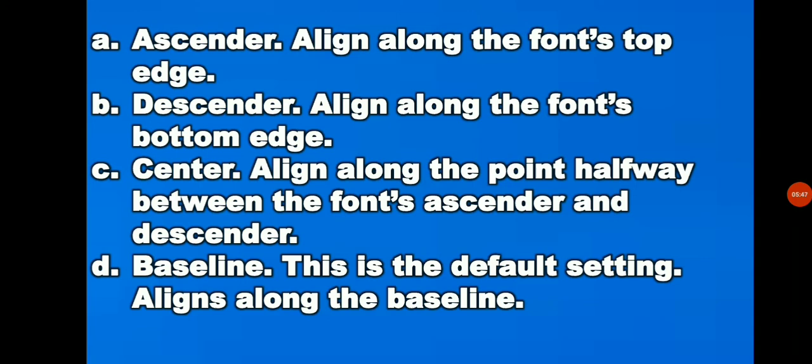A is Ascender, which aligns along the font's top edge. B is Descender, which aligns along the path's bottom edge. C is Center, which aligns along the point halfway between the font's ascender and descender. And D is Baseline, the default setting, which aligns along the baseline.